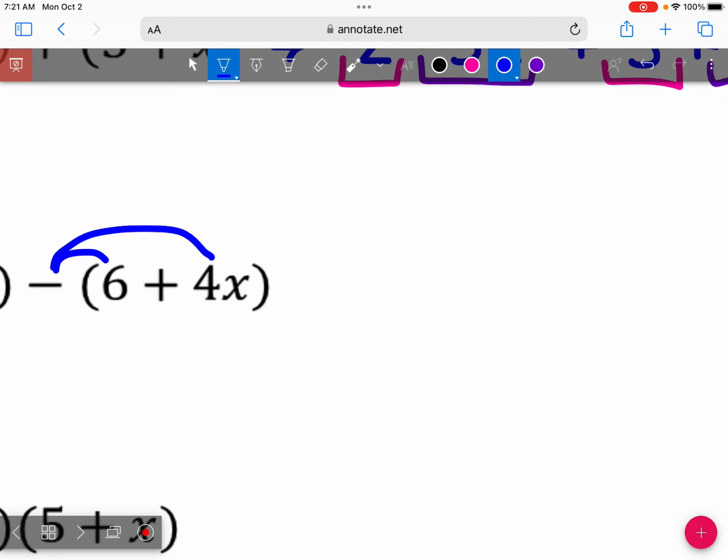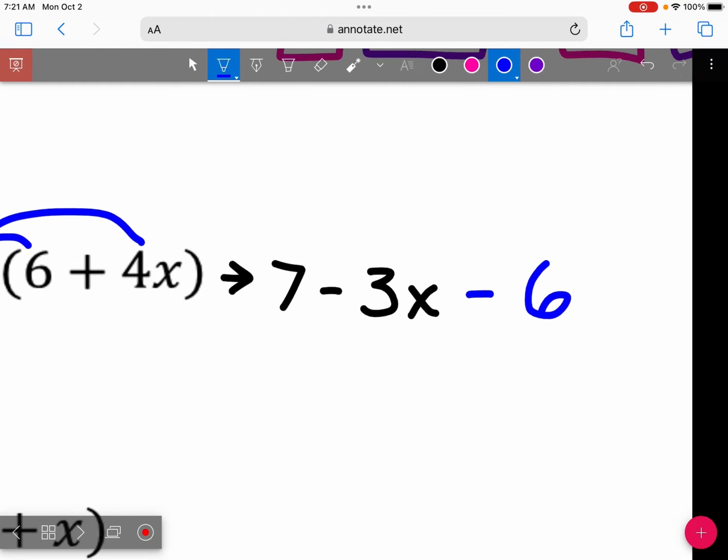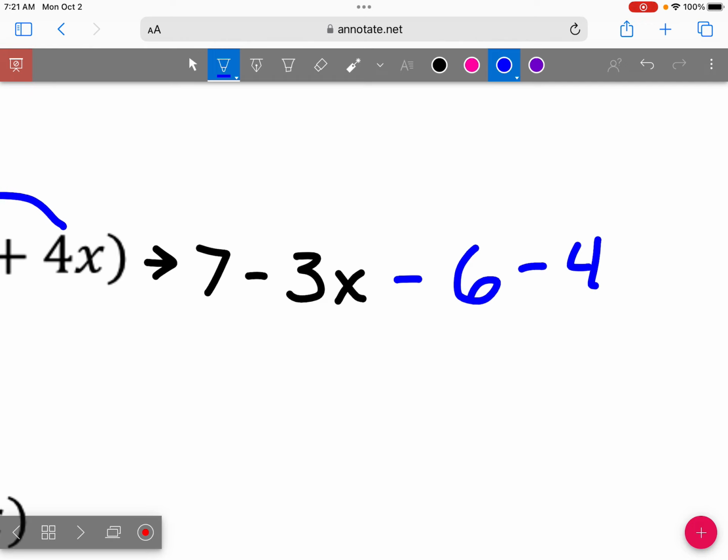So it's going to be 7 minus 3x minus 6 minus 4x. We're subtracting the whole chunk. So you've got to distribute that minus sign through, and then we can do exactly what we did on the line above, which is combine the like terms.